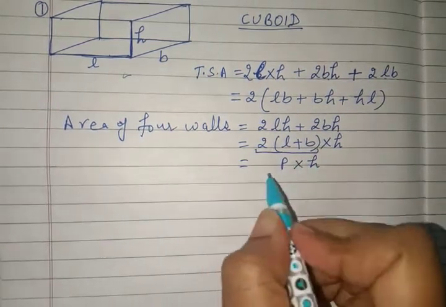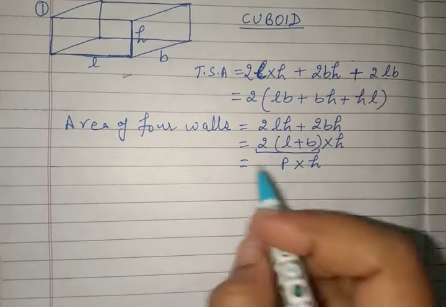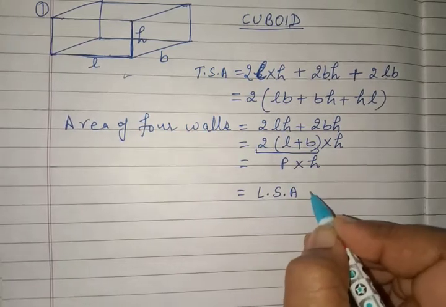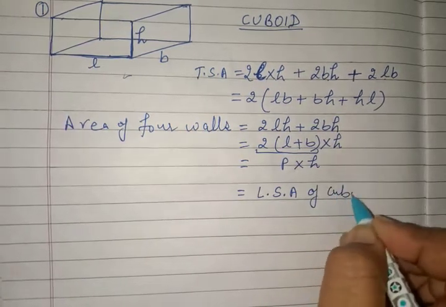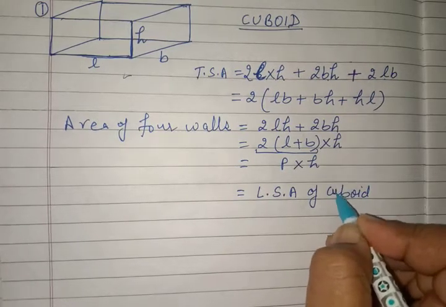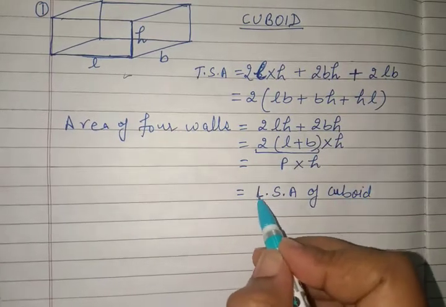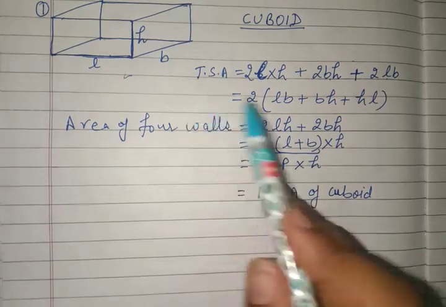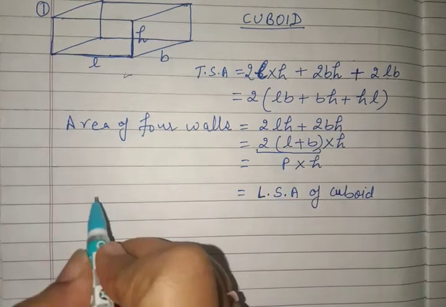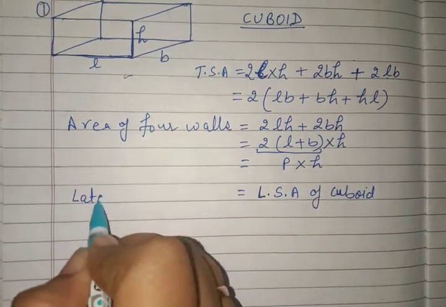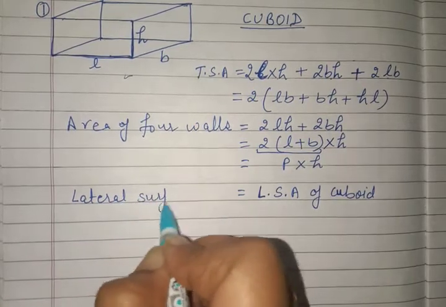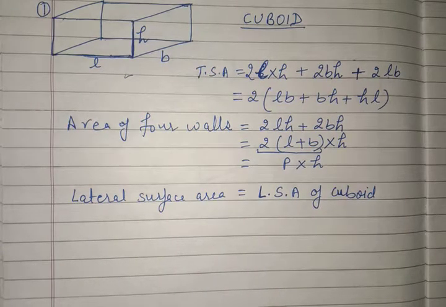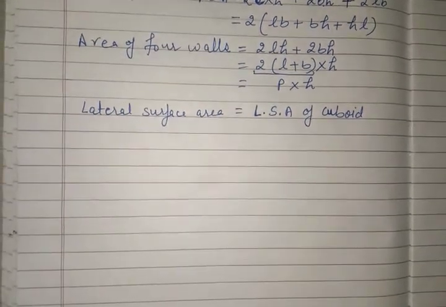So one more formula we have got, P into H. The name of this formula is lateral surface area of cuboid. The meaning of the word lateral here is that the figure is without the top and without the bottom, without floor and without roof. Lateral surface area means we are considering the surface area of 4 walls, without roof and without floor.